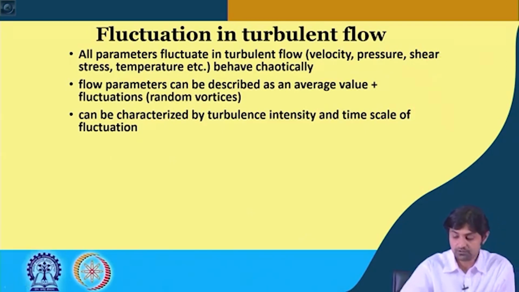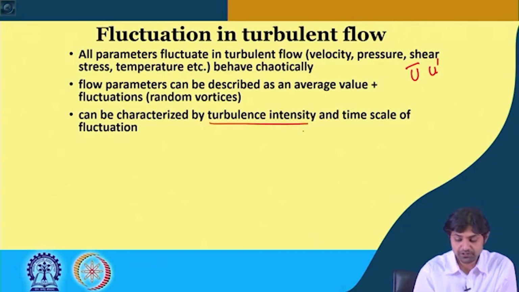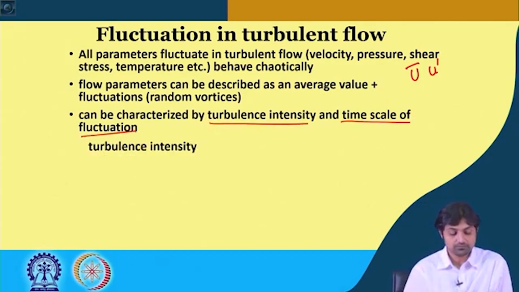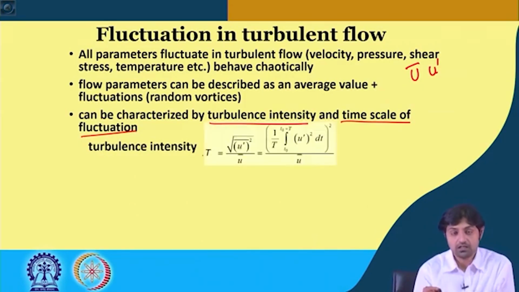You see there is bar and prime. They can be characterized by turbulence intensity and the time scale of fluctuation. Turbulence intensity is nothing but the square root of the average of u prime squared, divided by the average value.